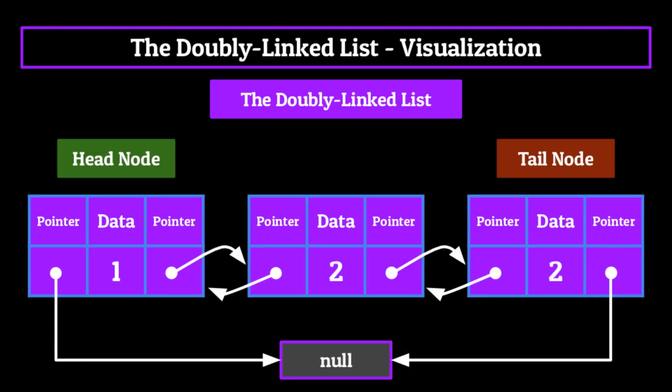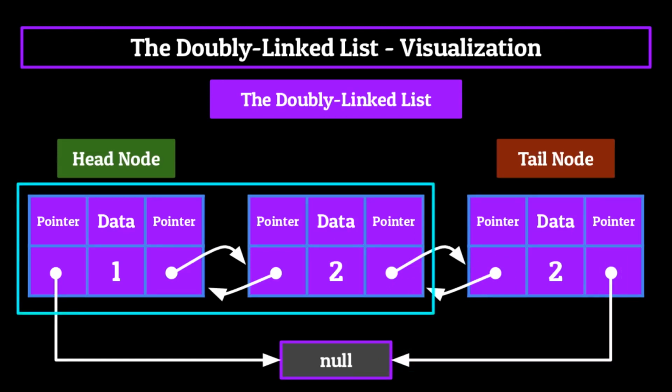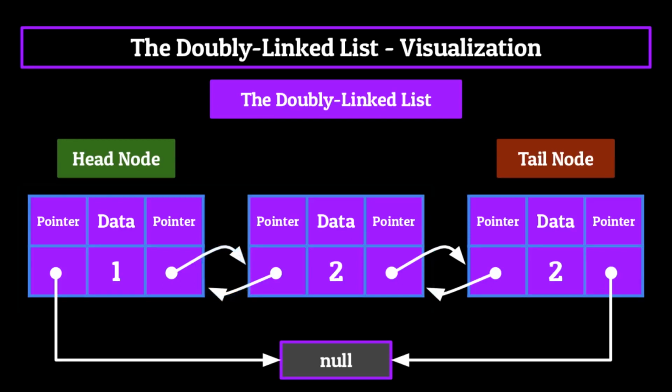You can see that with any two nodes, the next pointer of the first and the previous pointer of the second come together to form sort of a cyclical connection which ties the two nodes together. Then, at the head and tail of the list, there's a connection which ties them both towards some null value.